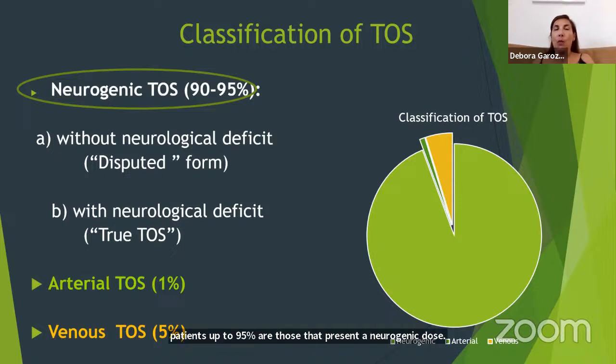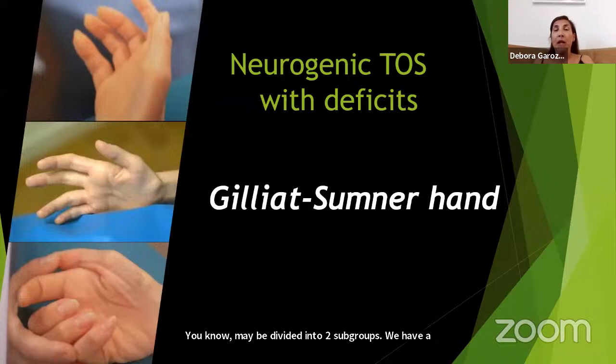Neurogenic TOS, we know, may be divided into two subgroups. We have a group, which is the minority, where patients progressively develop a thenar and hypothenar muscle waste, the so-called Gilliatt-Sumner hand. These are the cases where the diagnosis is actually quite straightforward and also supported by electrodiagnostic studies.